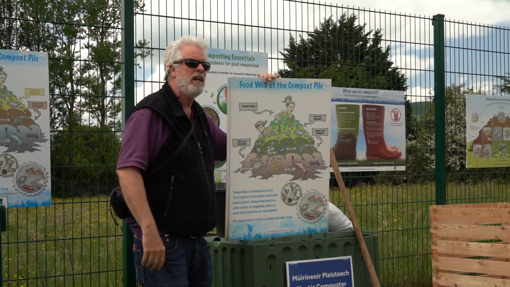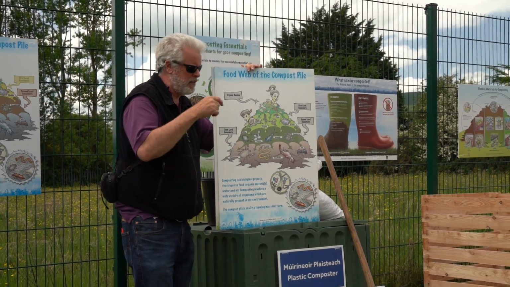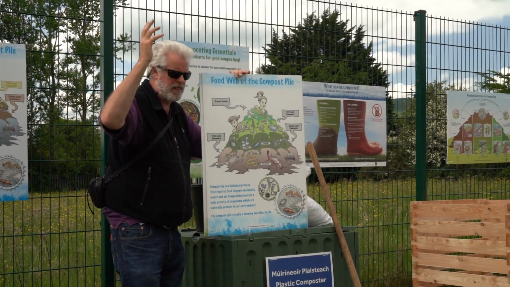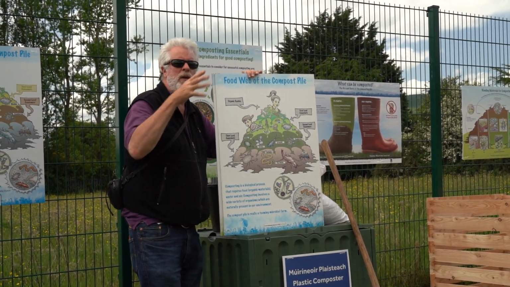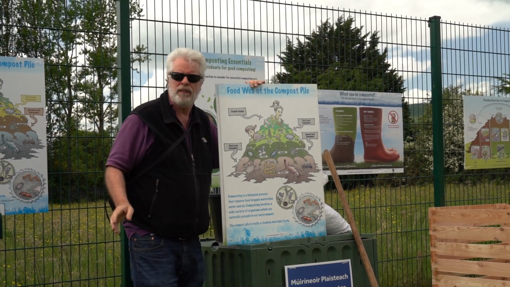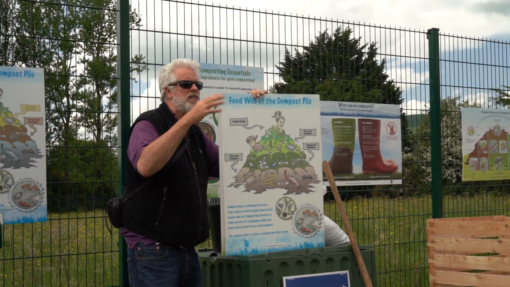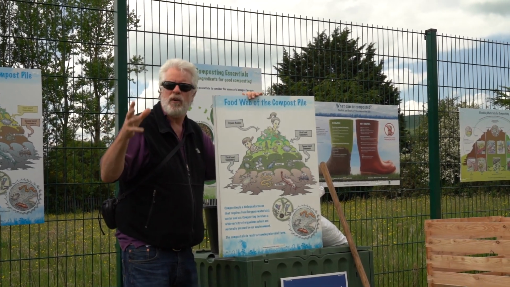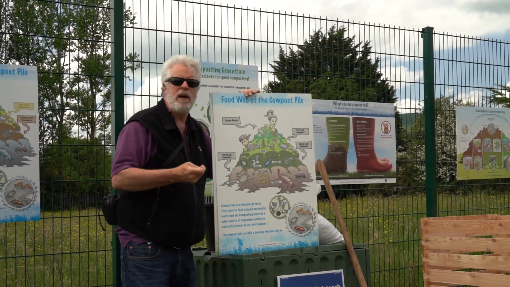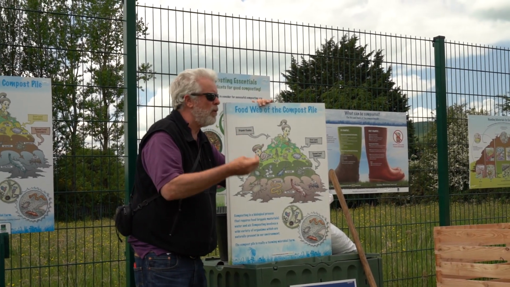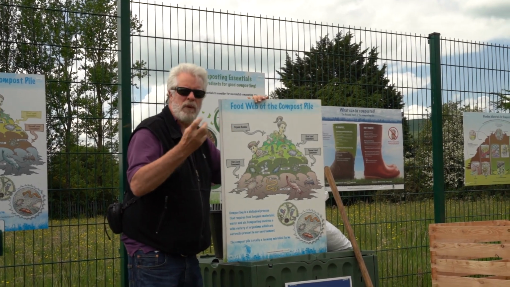We get acid rain, and nitrous oxide is 300 times more potent as a greenhouse gas. So how we manage organic materials is important. Composting is the most environmentally friendly way for us to manage these things, and the benefit is we get these nutrients back into our gardens to promote plant growth.